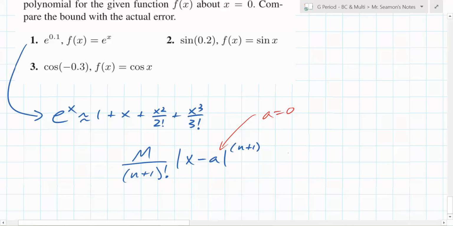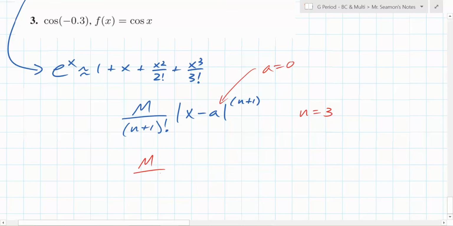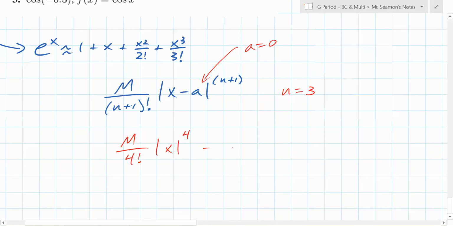In this case, what was n going to be? n is 3, so they all turn into 4. So you have 4 factorial x to the 4th, right? Now x is 0.1. So this is going to go to M over 4 factorial.